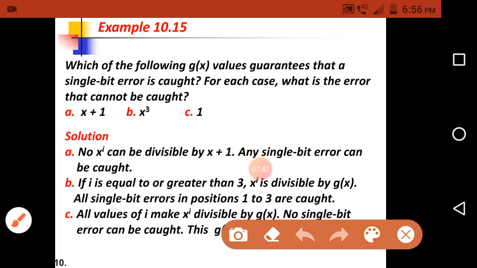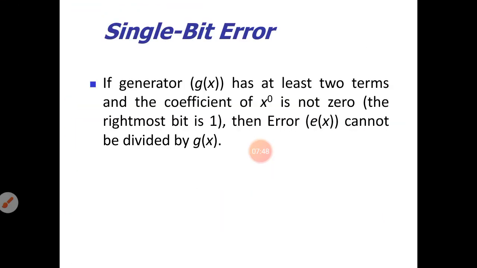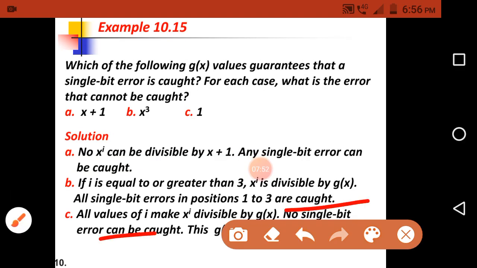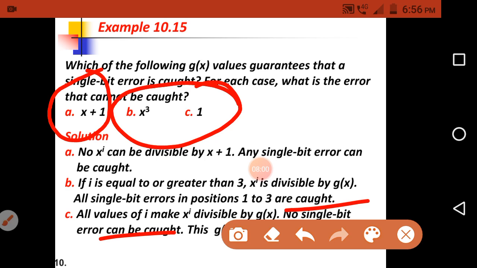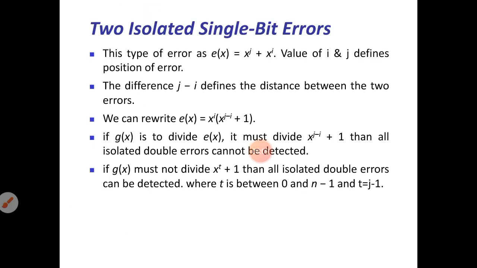All the values of i make x raised to i divisible by g(x), so no single bit error can be caught. So here only the first generator can detect the single bit error, and the remaining two generators cannot. This is the example about the single bit error.